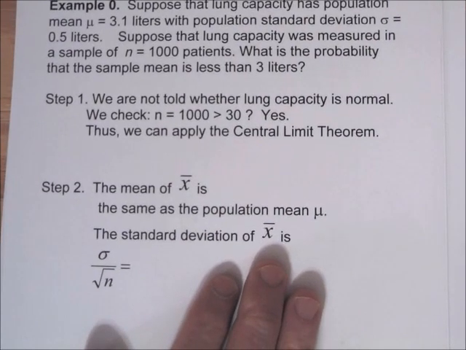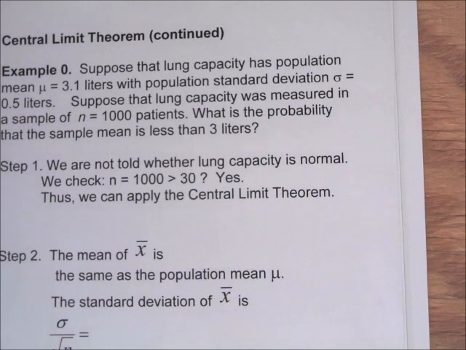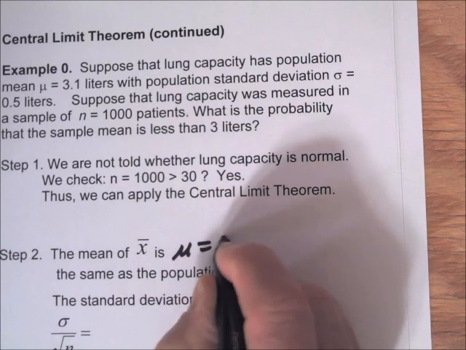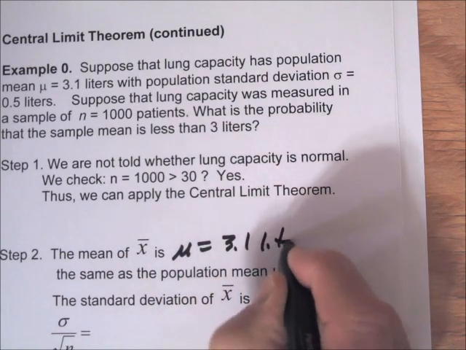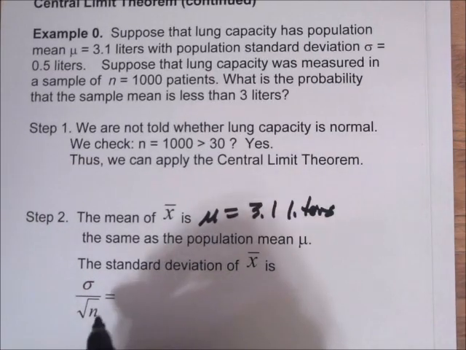So on average, the mean of x bar, or the expected value of x bar, is the same as the population mean, which is mu, which is 3.1 liters. And the standard deviation of x bar is the original standard deviation divided by square root of n.